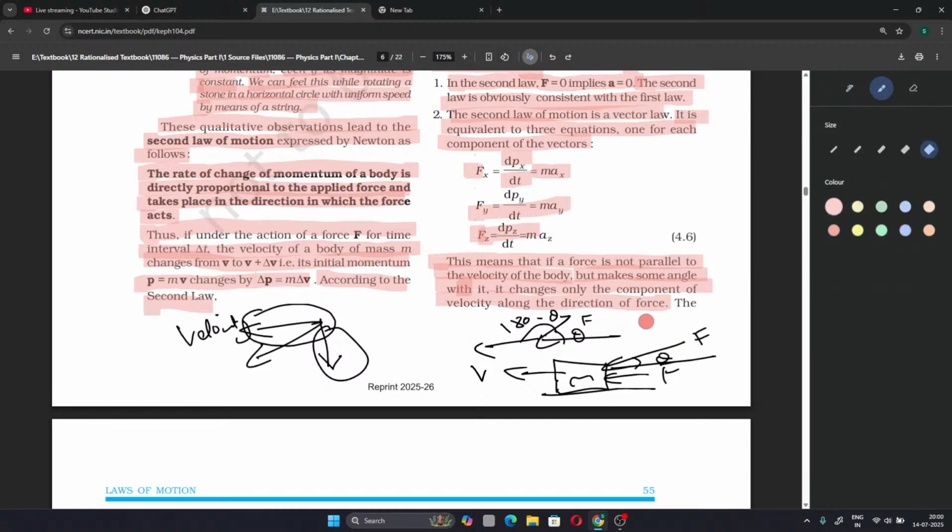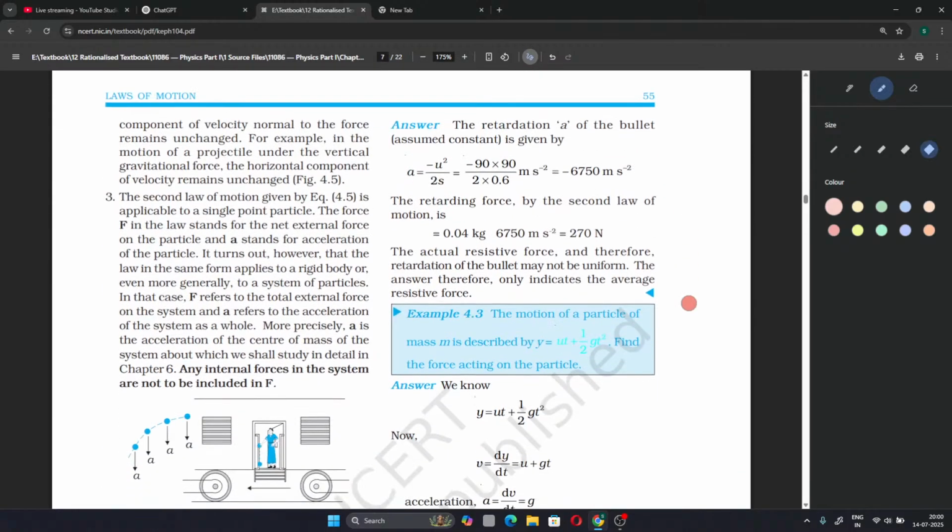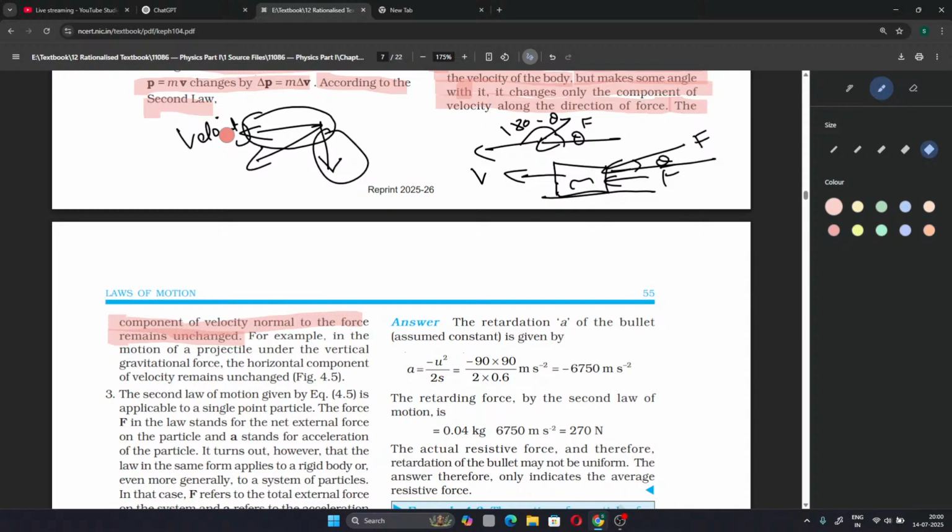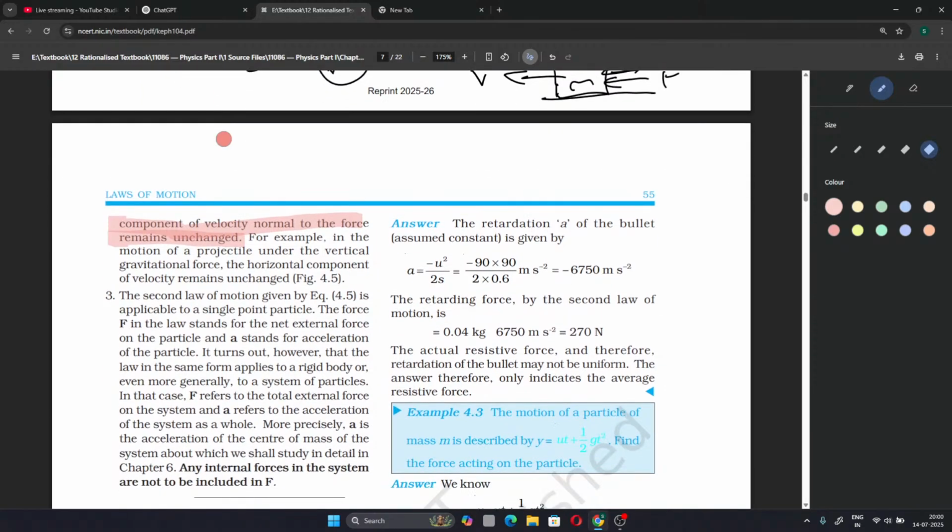Okay, let's continue. The component of velocity normal to the force remains unchanged. It only changes the velocity along the direction of the force. Normal means perpendicular to the force, so that component remains unchanged.